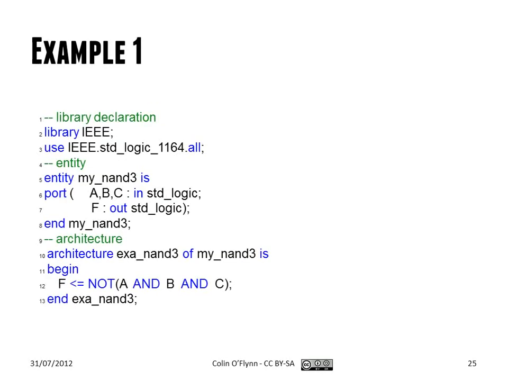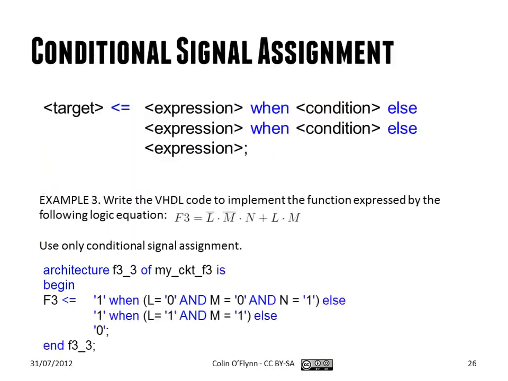So we have an entity, again, we're saying A, B, C, F. So 3 inputs, 1 output. And then you have the architecture, so the architecture is equal, F, and you assign it to not, and we use parentheses then to split off not everything inside that, A and B and C. So that's just a 3-input NAND gate.